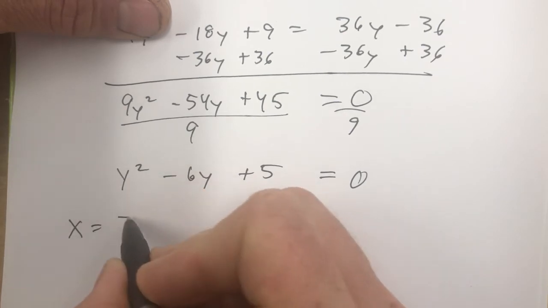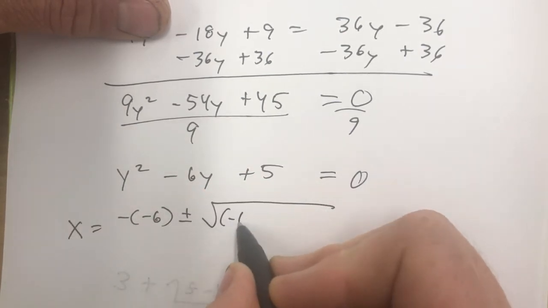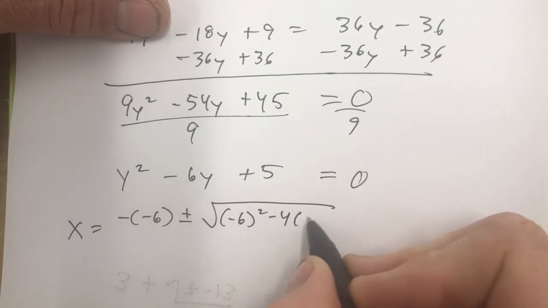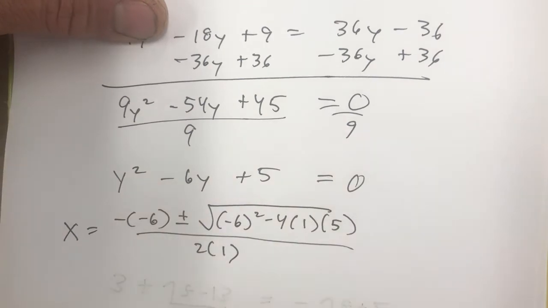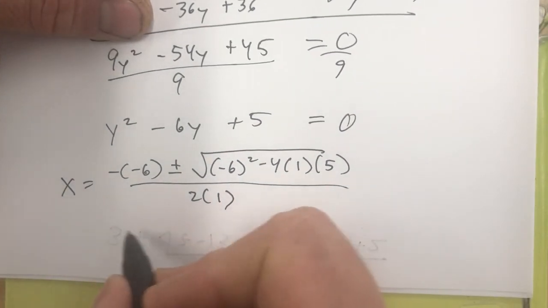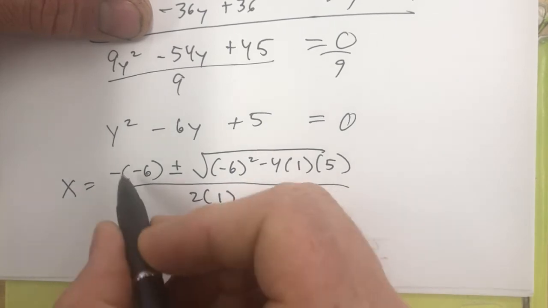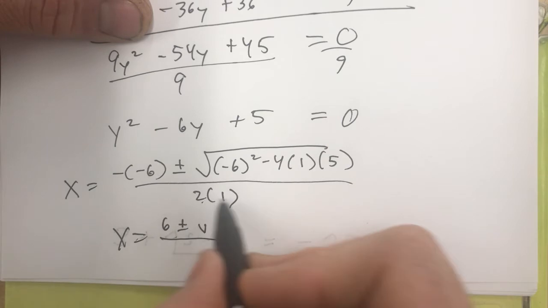X equals negative b plus or minus the square root b squared minus 4ac all over 2a. Okay? So now that gives me here 2 negatives makes positive 6. 2 times 1 is 2.